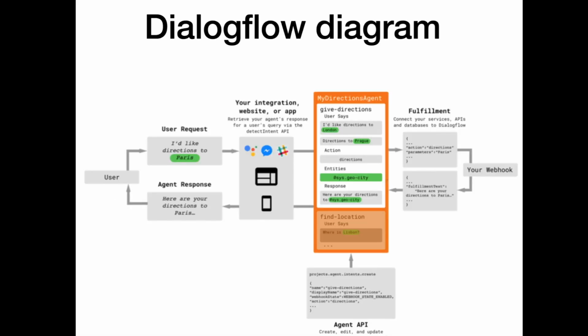Let me just go through the Dialogflow diagram. So for a chatbot, you will of course be interacting. You're going to be asking, what's the weather like today? And that is what you call the user request, or the user utterance. This diagram shows you this concept.